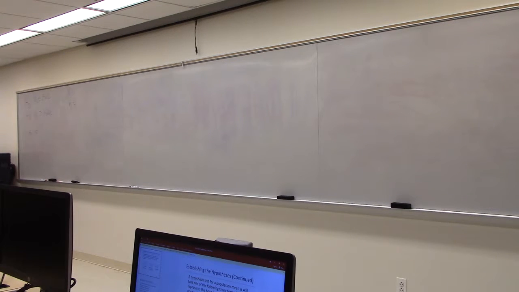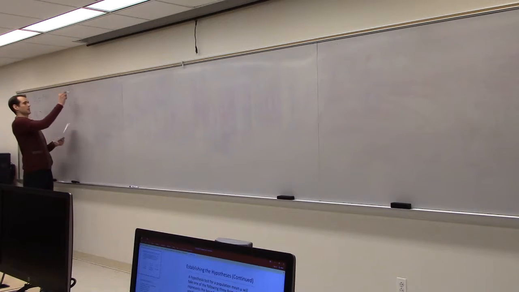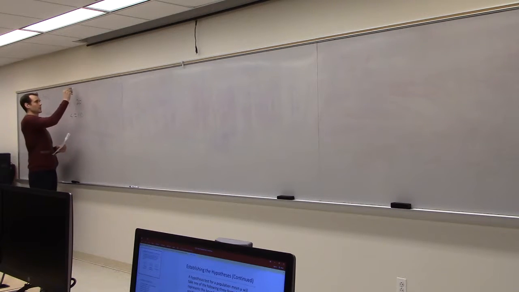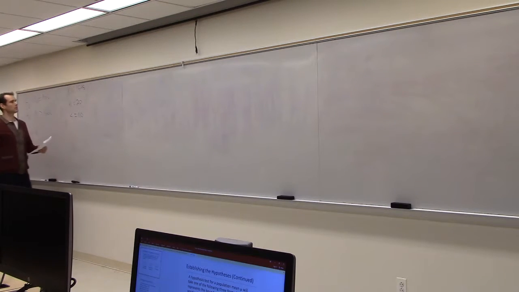So let's do the example this way. Suppose we talk to actually 20 people, and we calculate a sample standard deviation of 110, and this time we calculate a sample mean of 1598.